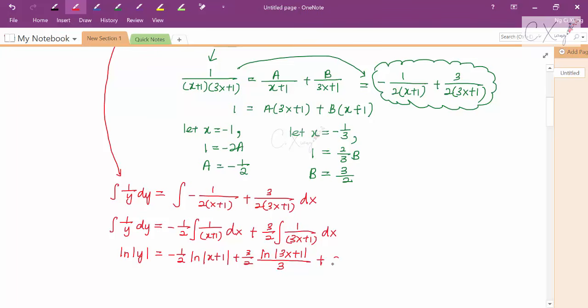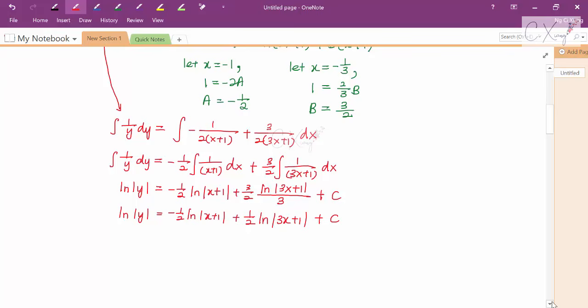Then I'm having a plus c here, where the constant I can decide by using the values that were given just now. Okay, so further simplify it. So when I further simplify, I'm having -1/2 ln (x + 1). Then for this one, 3 and 3 can be cancelled off. I'm having 1/2 ln (3x + 1) also, then plus c.